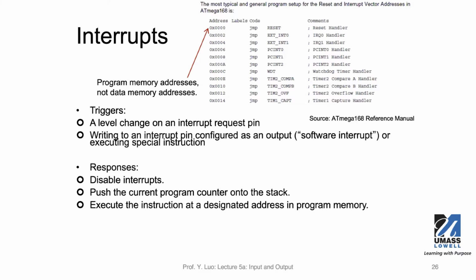By pushing it onto the stack, the microprocessor will be able to get back to where it was interrupted, so we can resume the execution of the main program. And then the next step is to execute the instruction at a designated address. That's in fact the entry point, the address of the first instruction in the ISR.